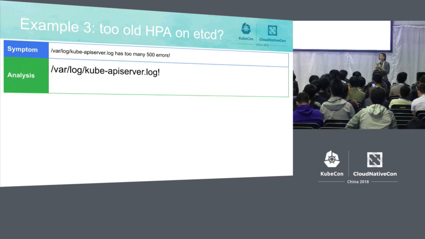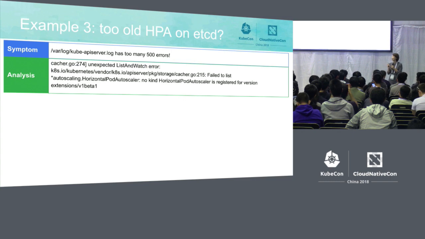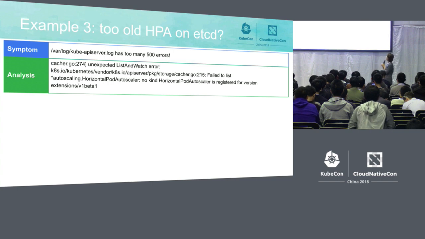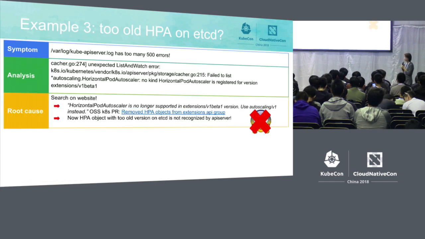Now we can look at the API server log. And it turned out it failed to list this HPA under this version, extensions/v1beta1. What do we do next? We got the keyword. We can search online. And in this case, instead of finding the exact issue that we see, we find why we had that issue.